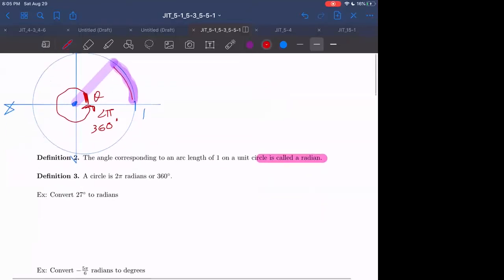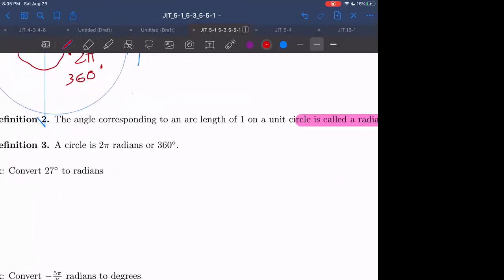We can also solve for pi. We can find out what that is, and that'll be useful. We know 2 pi is equal to 360 degrees.